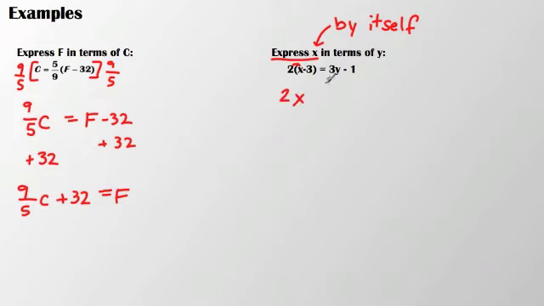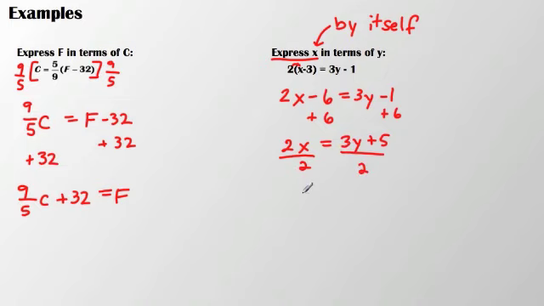I've got 2x minus 6 equals 3y minus 1. Now I'm going to add 6 to both sides, and I get 2x equals 3y plus 5, and then I divide by 2. x equals (3y plus 5) divided by 2.